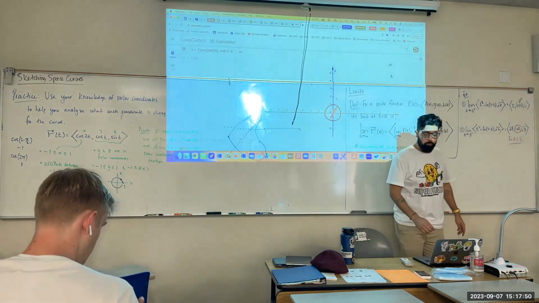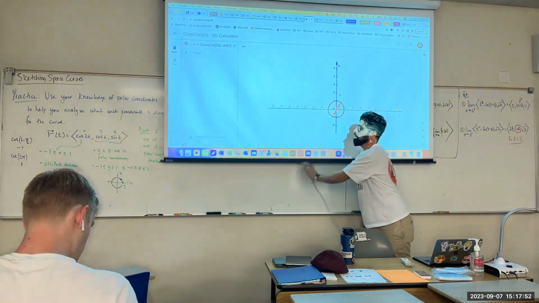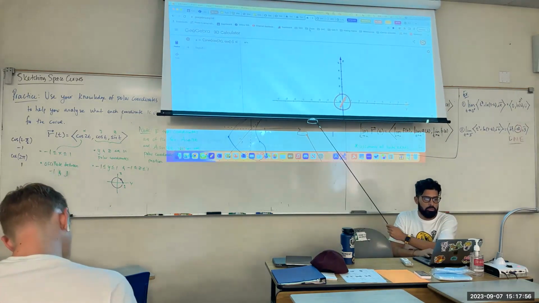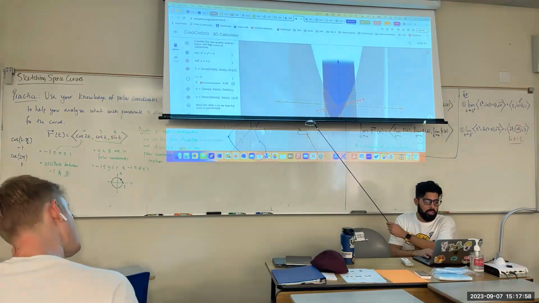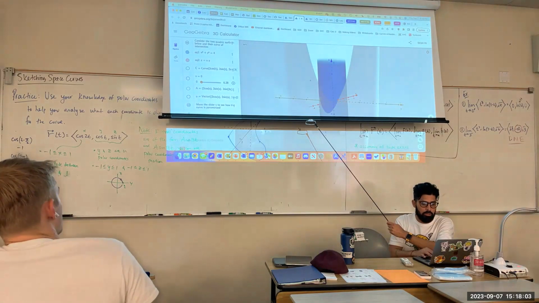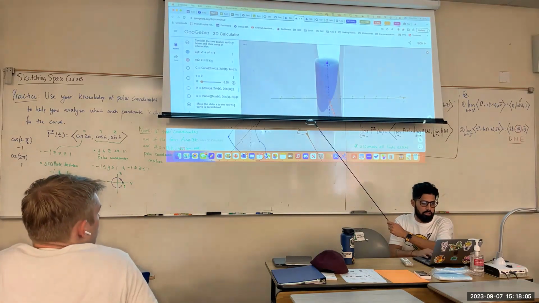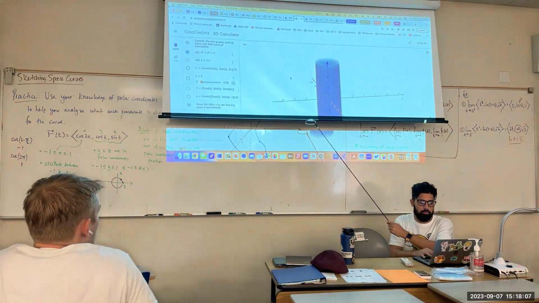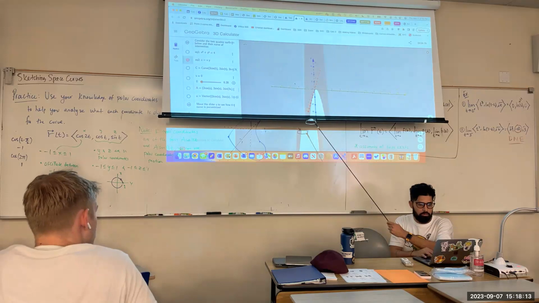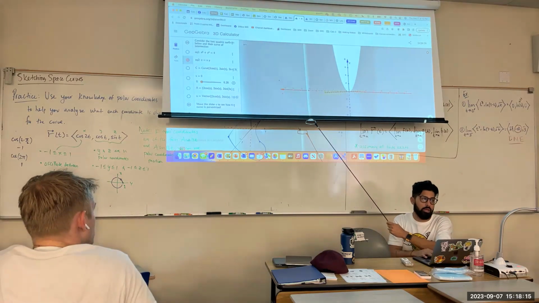So let me just show you what we're going to continue. We're going to do what you finished off in chapter 12.6. Here's a cylinder. Here's where I was telling you things are going to overlap. Here's a cylinder. Here's a hyperboloid. Luckily, you won't have to graph them, okay?